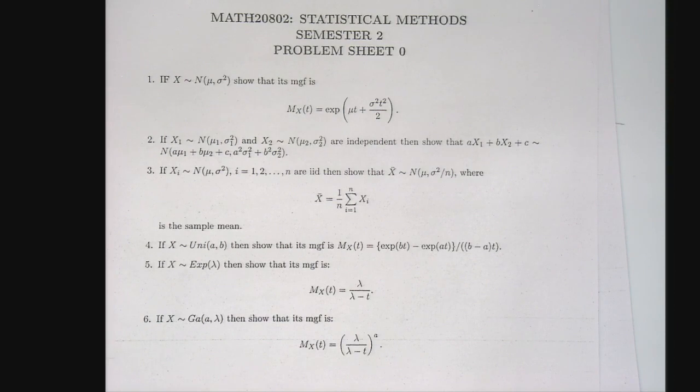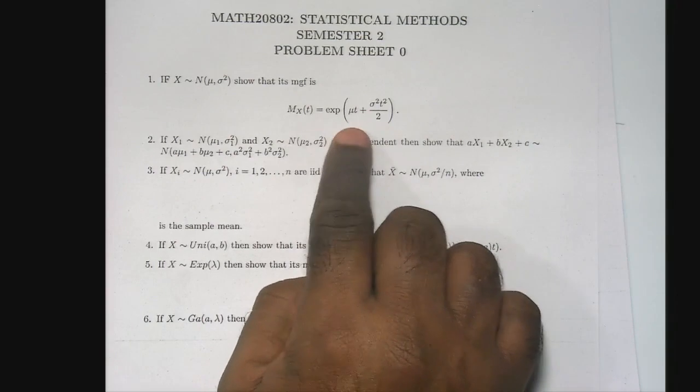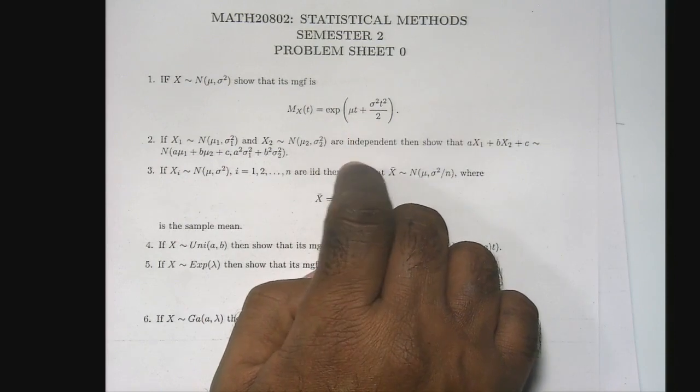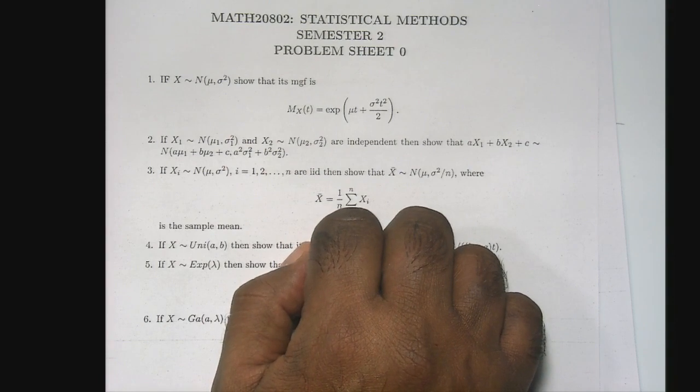Now we know from question 1 this is the formula for the MGF of a normal variable, and we know that x1 is a normal variable, and therefore by this formula, this guy here is mu1 ta plus the variance term.